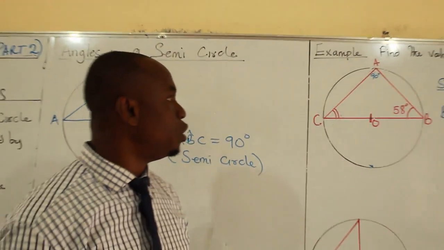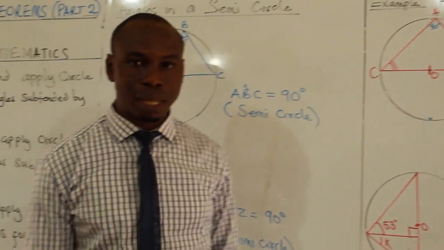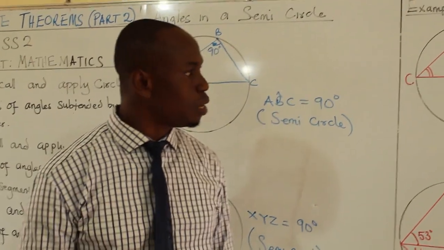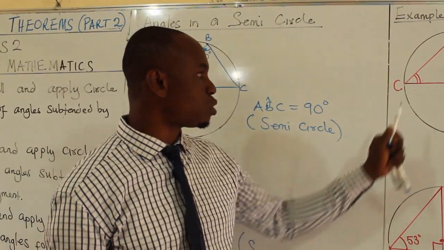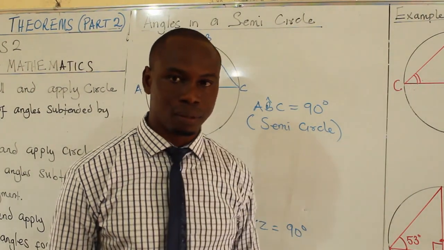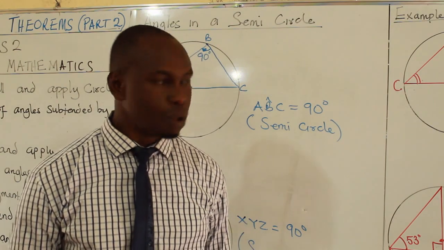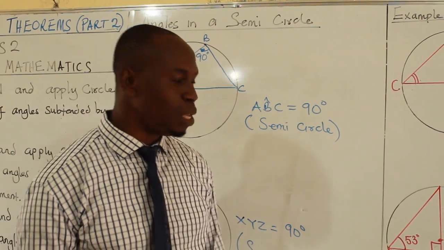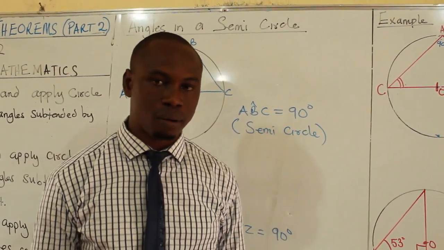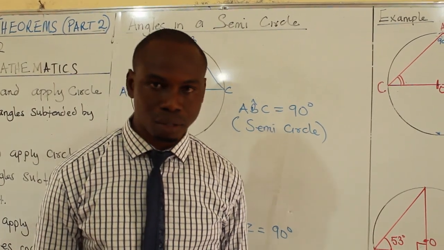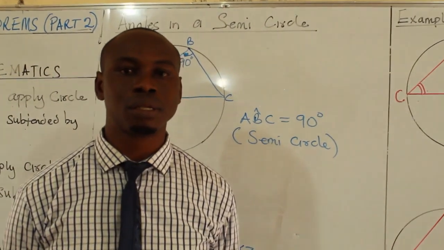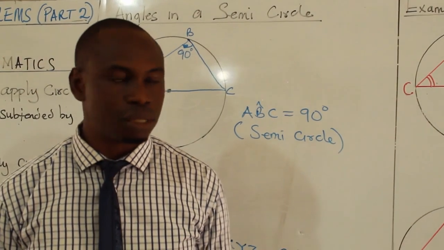Now that we've known the angle at A to be 90 degrees, it becomes possible to get the angle at C. Remember, ABC is still a triangle, and the sum of angles in a triangle is 180 degrees.